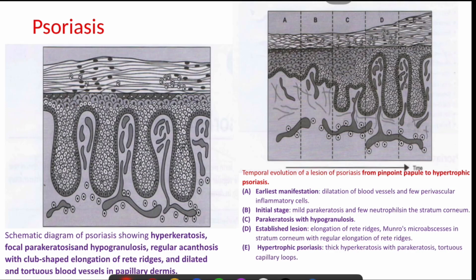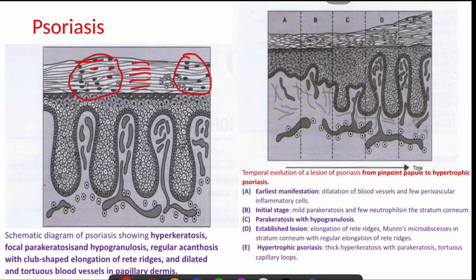Now let's see the microscopic features of psoriasis. Here you can find first of all hyperkeratosis, so the keratin layer is increased. Now focal parakeratosis. Focal means some areas show presence of nuclei. So this is an area of parakeratosis, and this is an area of parakeratosis, with presence of nuclei in the keratinous layer.